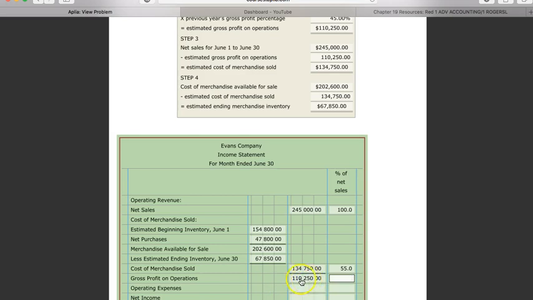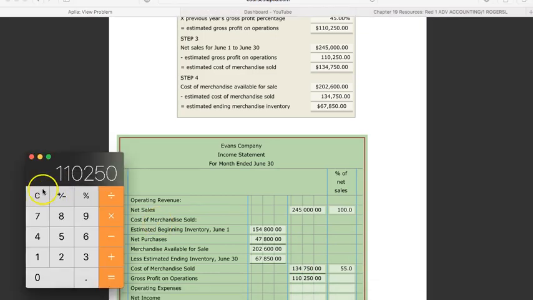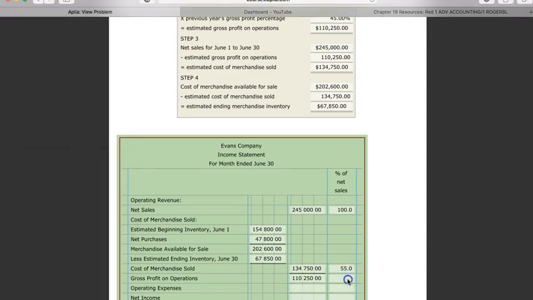Now, if we divide this number by this number, we should get 45% because 45 plus 55 equals 100. But I'm going to go ahead and do it just to make sure. So we have 110,250 divided by 245,000, and that equals 45%. So we're going to put that right here.